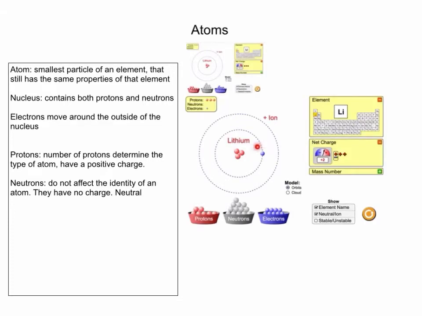When I add an electron here on the outside of the atom, notice how the identity of the atom again does not change, but we did gain a negative charge. This negative charge tells us that electrons must have negative charges on them. We also can see that the negative charge balances or matches up with the positive charge.